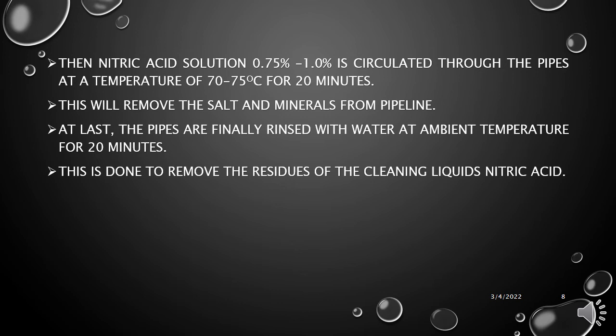Then, in order to remove the remaining residues of cleaning liquid like nitric acid, finally we rinse the pipelines with simple water for 20 minutes. So this is the simple CIP process which is mostly used in industries; Shazan International Private Limited uses this process for the cleaning of their equipment.